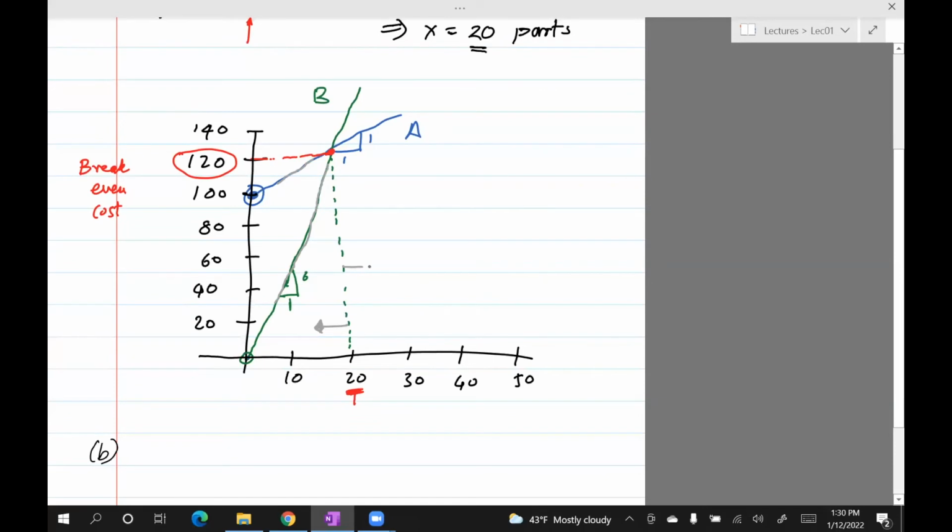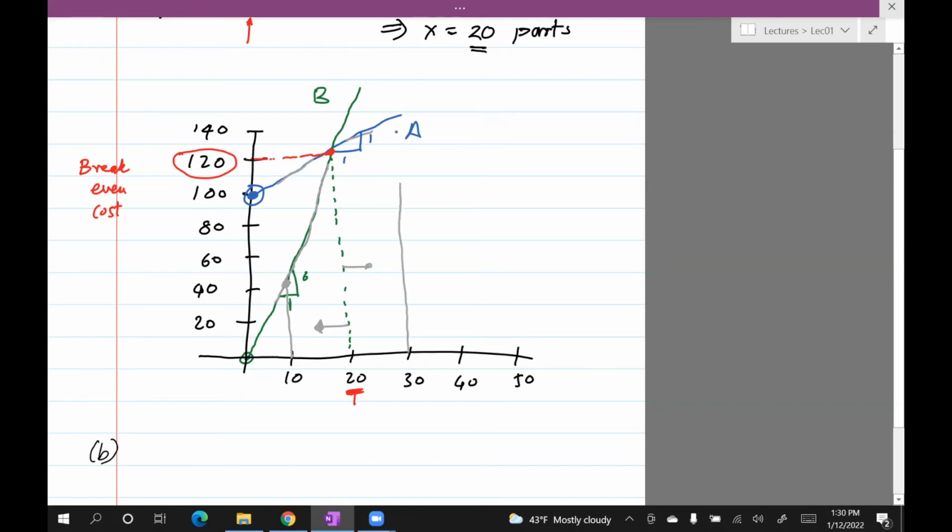If you go anywhere to the right, then you'll see that the blue line is below the green line, which means that the cost for machine A is less than the cost of B. So it's obvious that for 10 units, you would go for machine B, and for 30 units, you'll go for machine A.